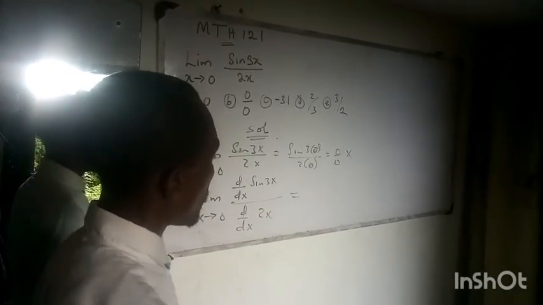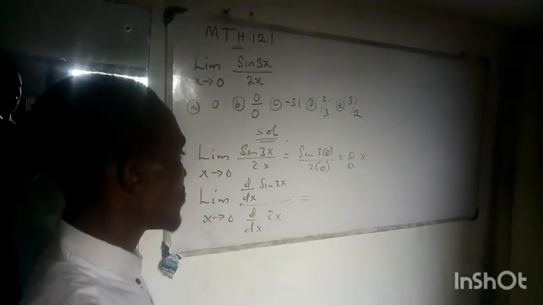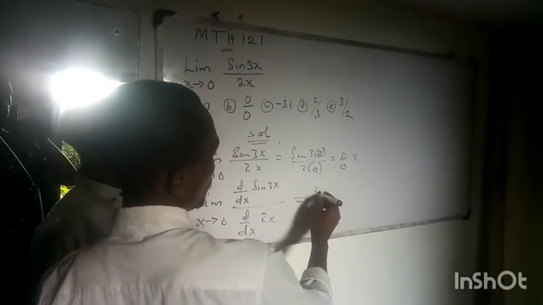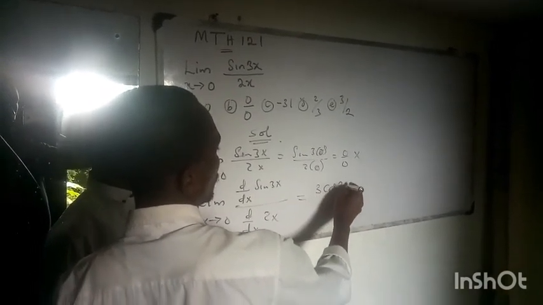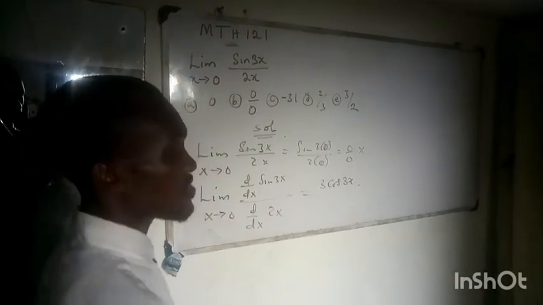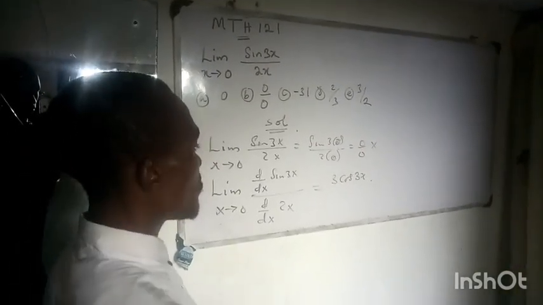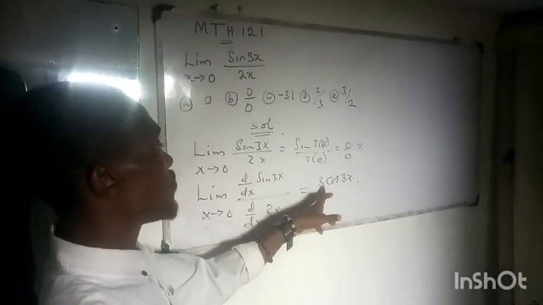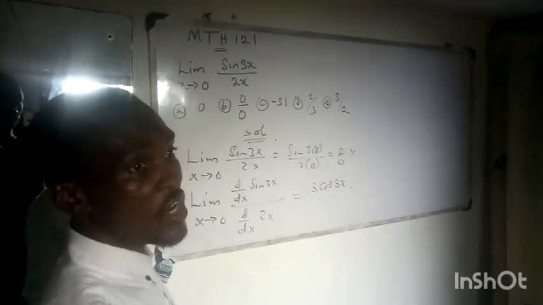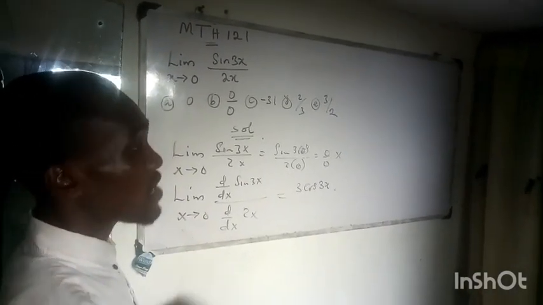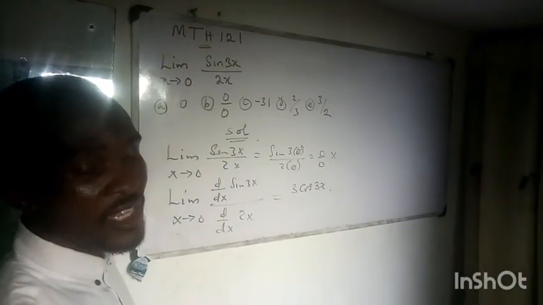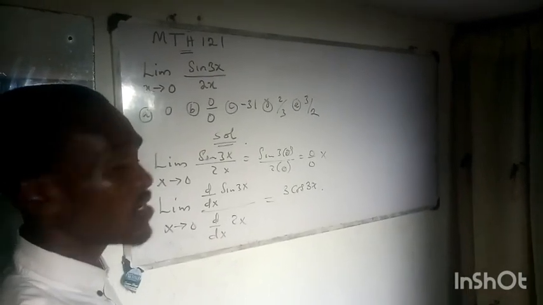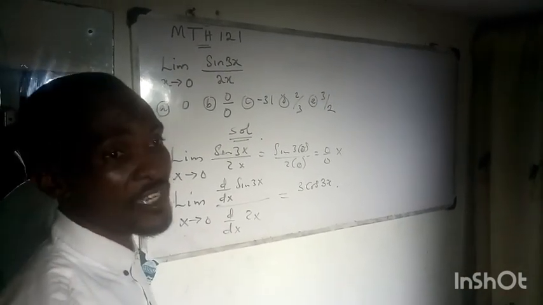The differentiation of sine 3x is definitely going to be 3 cos 3x. Don't forget the differentiation of sine theta is cos theta, but because we have a constant 3 here, we bring it to the front of the cos. Now you can do this actually using the differentiation rule called the function of a function, but we don't need to do it here because of time.